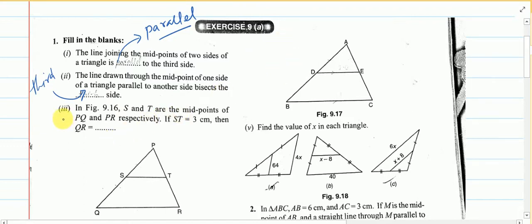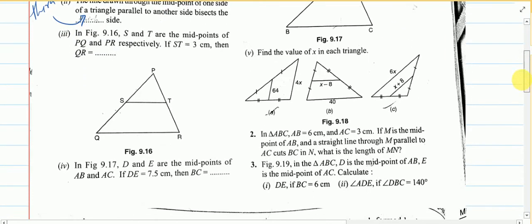Now let's see question number 3. Here question number 3 says in figure 9.16, so this is the figure. Here it's saying that S and T are the midpoints of PQ and PR. That means since S is the midpoint of PQ, PS is equal to QS and PT is equal to TR.